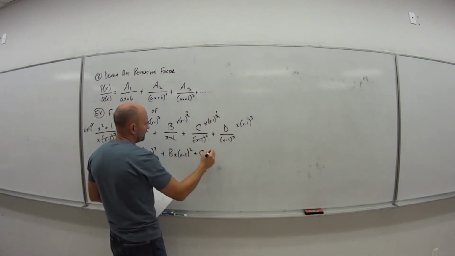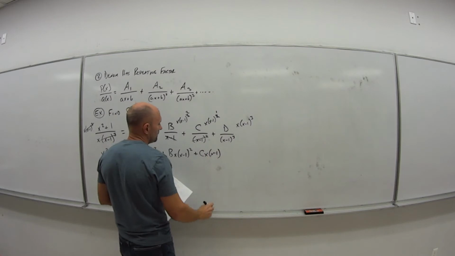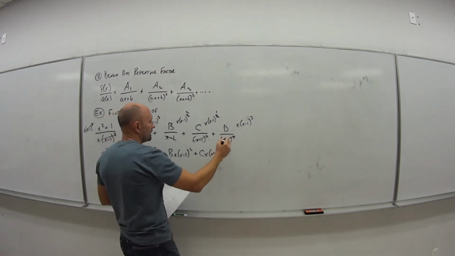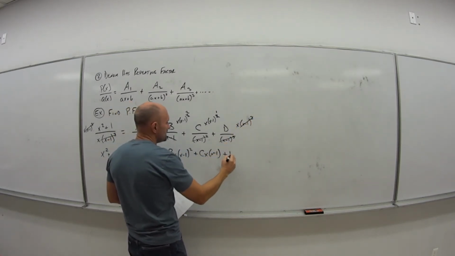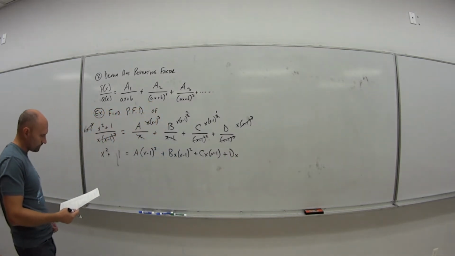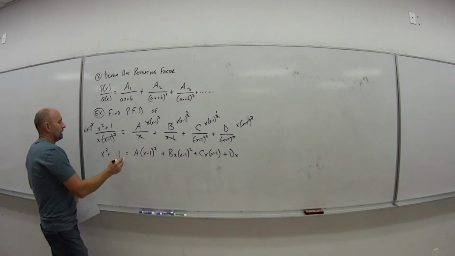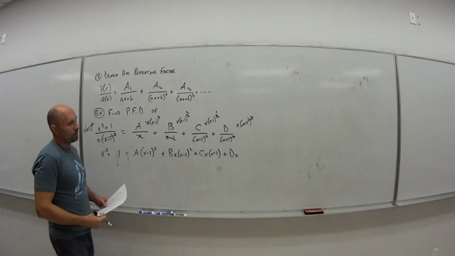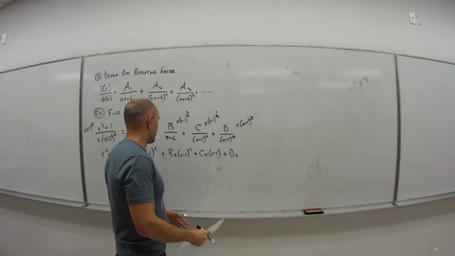So C times x minus 1. And all 3 cancel out, leaving me D times x. Dot, dot, dot.